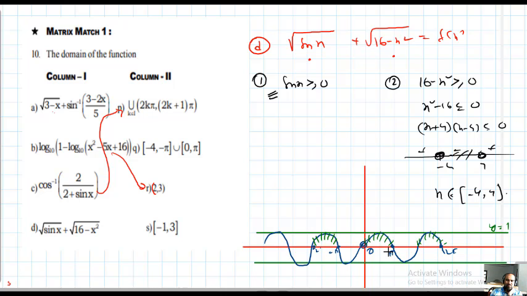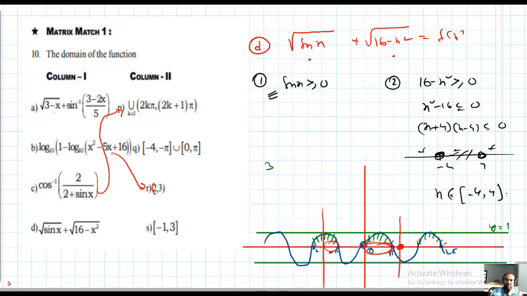Pi means 3 point something, no? 3 pi means 9 point something, somewhere here. Minus 4 somewhere here. This is minus pi, minus 3 point something. So your x should be between minus 4 and 4, and sin x should be greater than or equal to 0, means these x values should be taken.